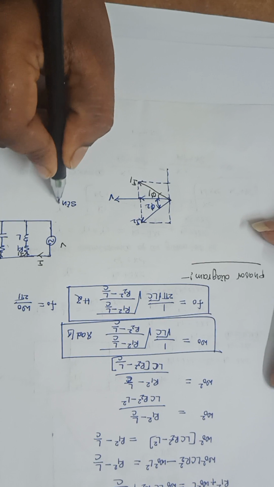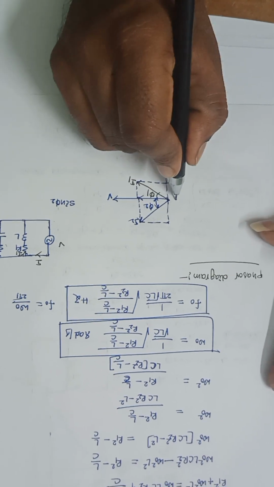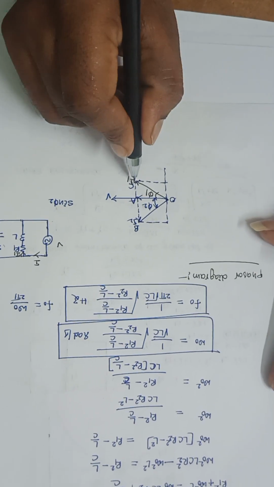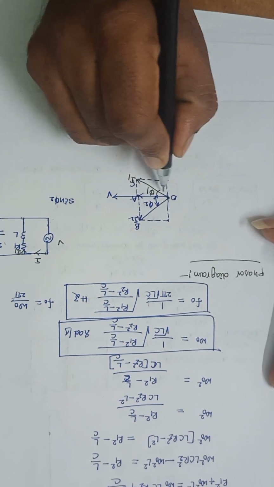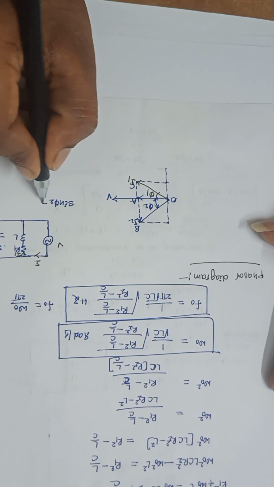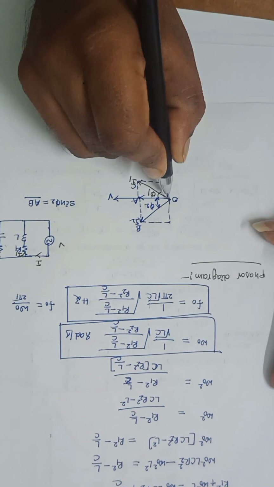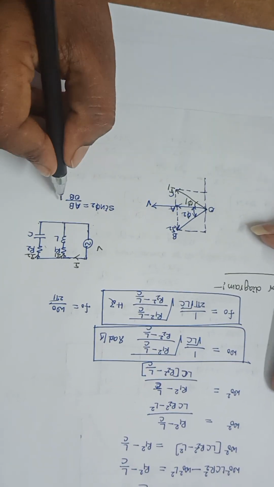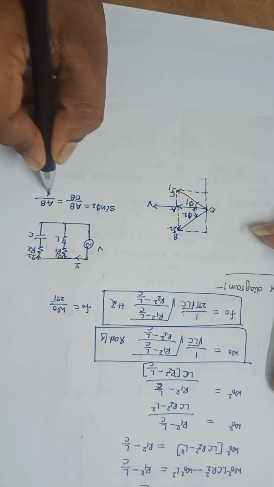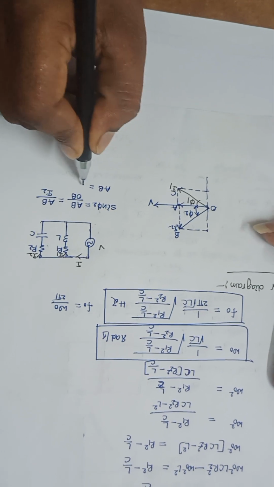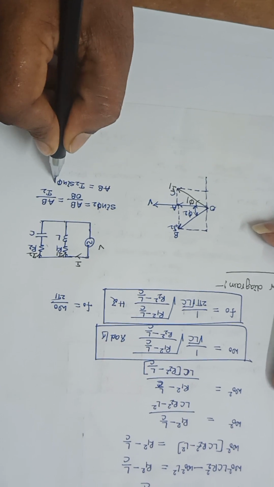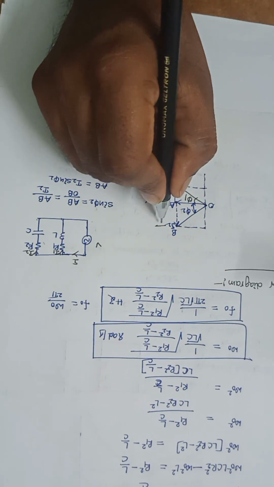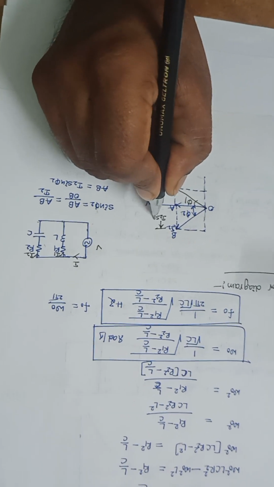Suppose the points are O, A, B, C. Sin phi 2 is equal to AB divided by OB. But we know that OB is nothing but I2. So AB is equal to I2 sin phi 2. So from here to here, the magnitude value is I2 sin phi 2.